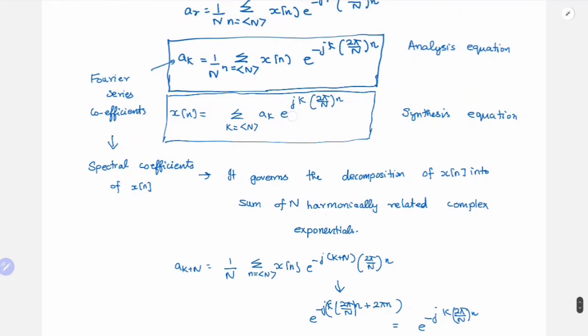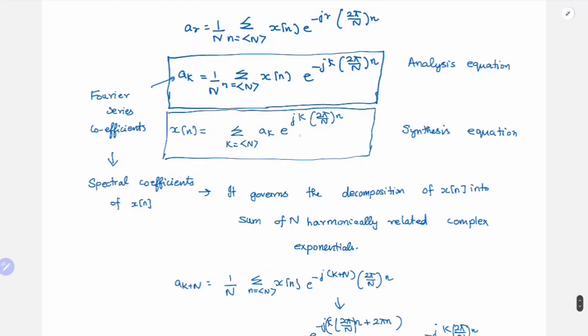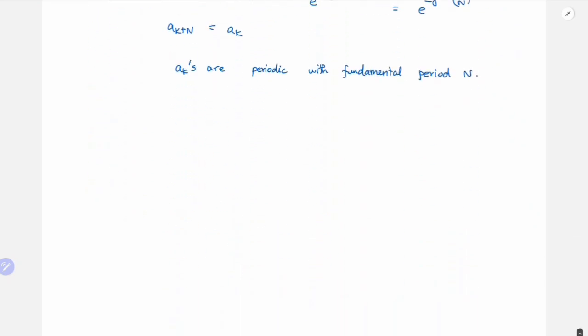So again, similar to the continuous time case, you can see the similarities. In x of n you have e power plus jk 2 pi n over n into n, while in a_k you have the 1 over n term, and also you have minus jk. Okay. So again, let us try to see a simple example. Let's say my x of n is sine omega naught n.